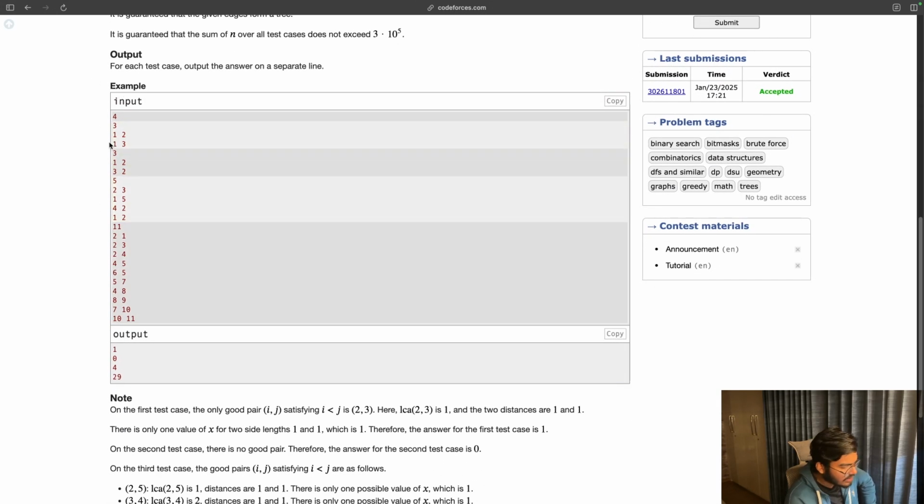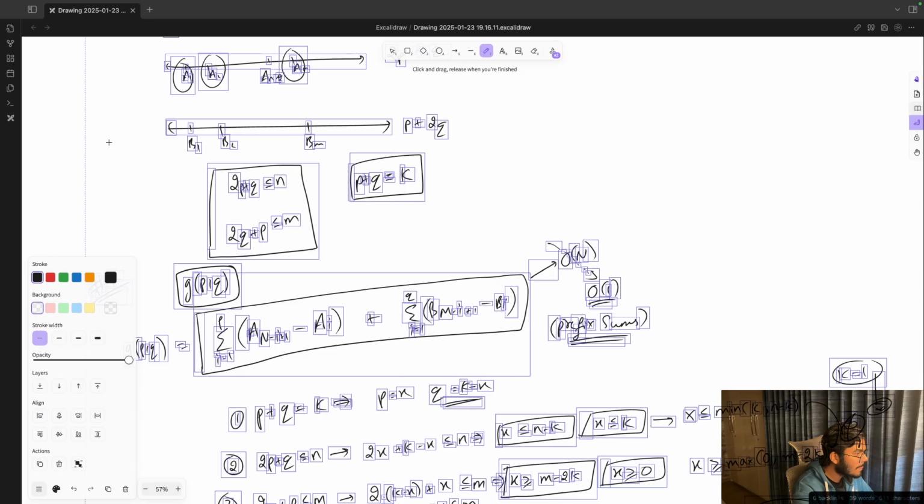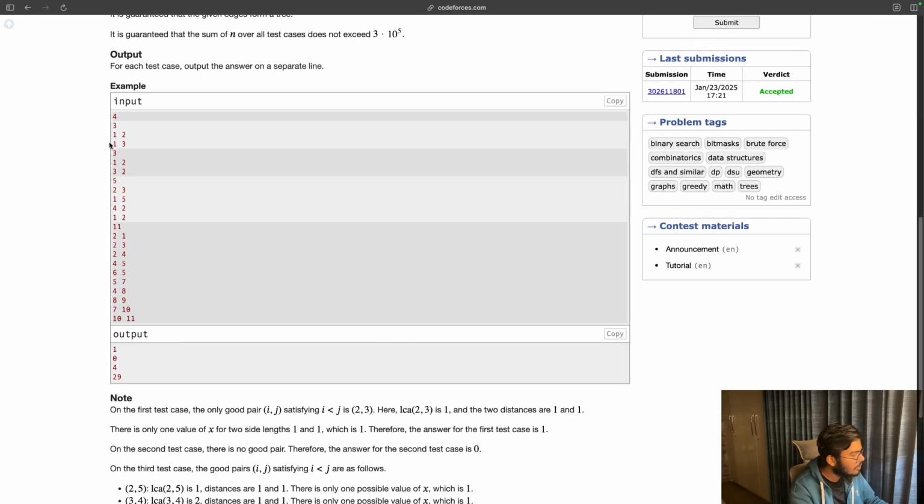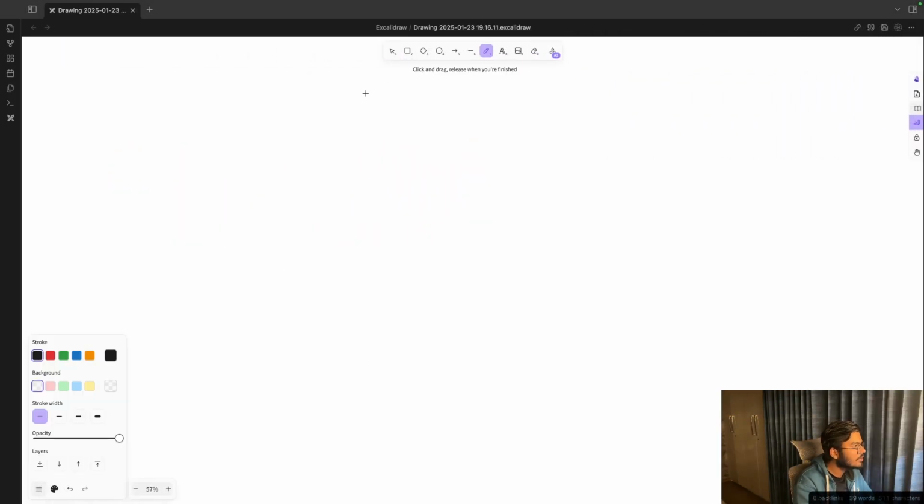Let's just go over the test cases. So yeah, we have 3, 1 2, 1 3. So the number of triangles: only one pair is possible, 3 and 2, and LCA is 1.